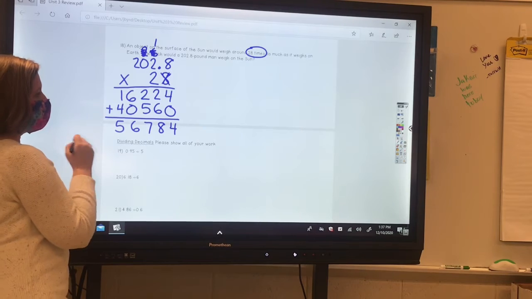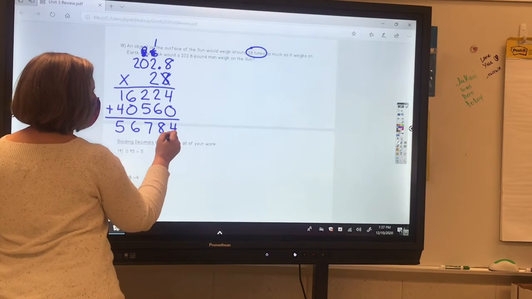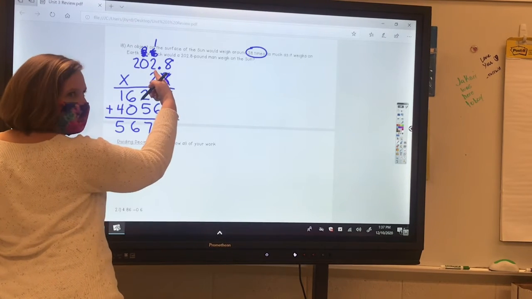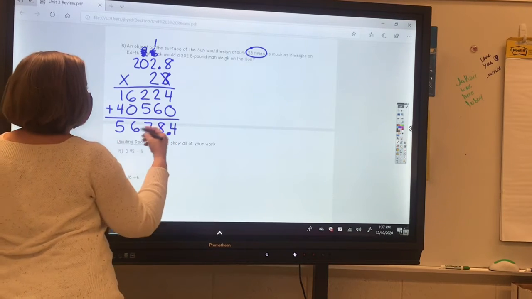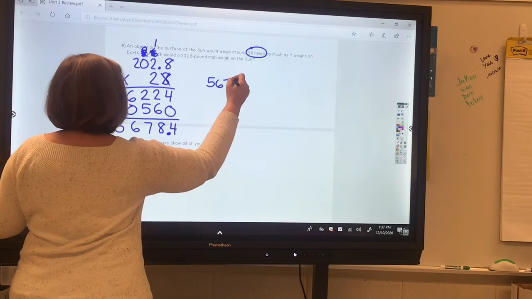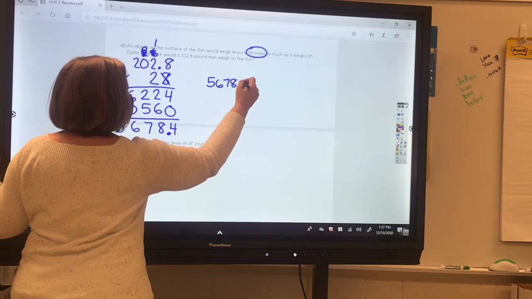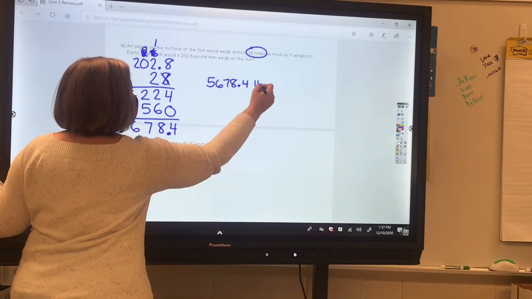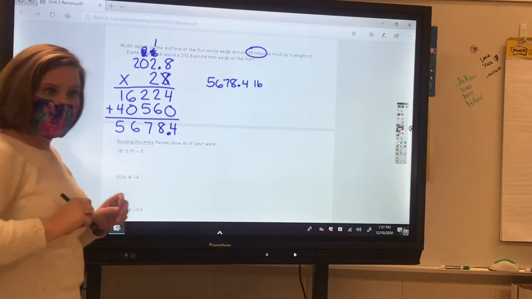How many numbers do I need behind the decimal? Just 1. So, that man would weigh 5,678 and 4/10 pounds.